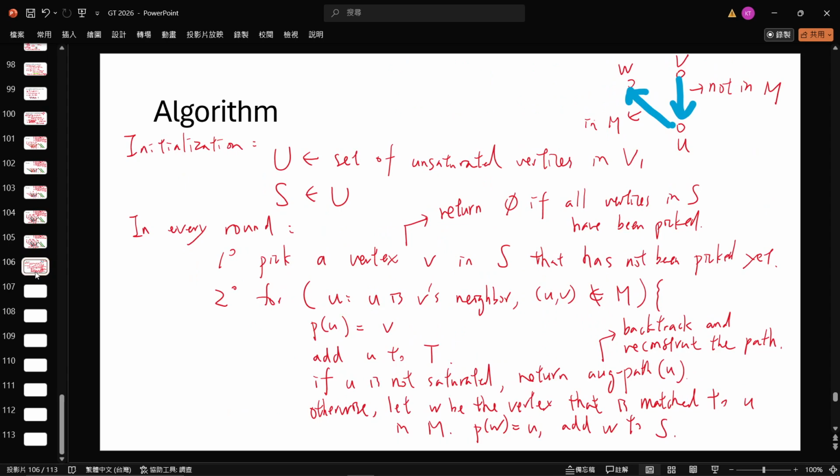So this is the algorithm to find an augmenting path. To find the maximum matching, you just repeat the algorithm.